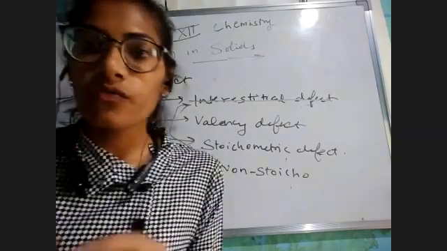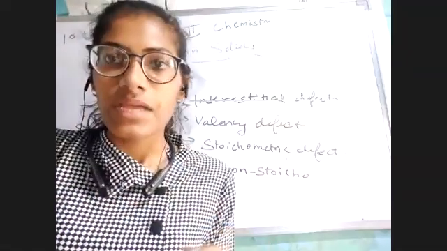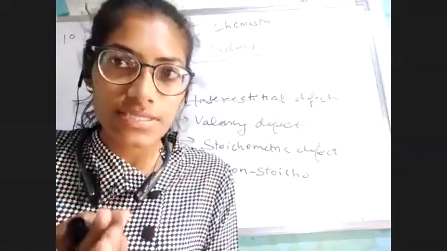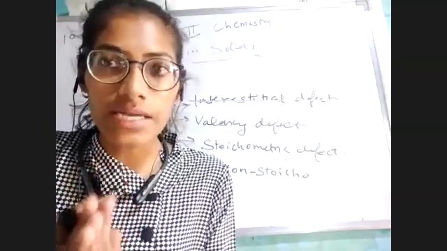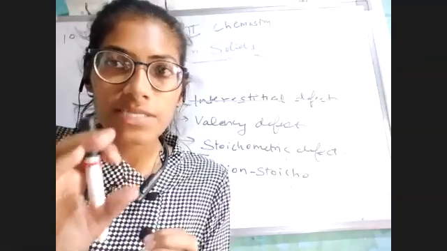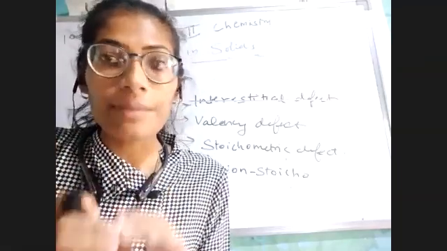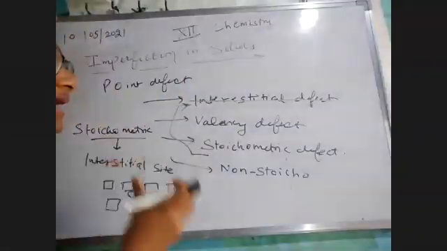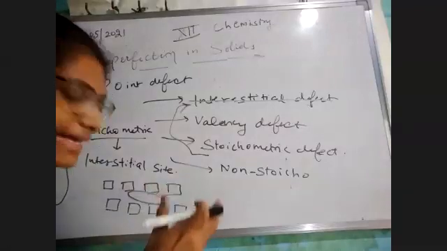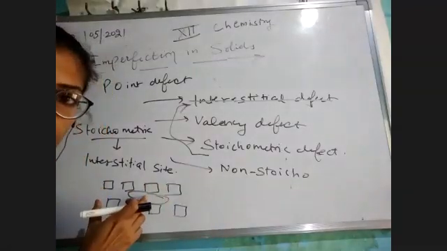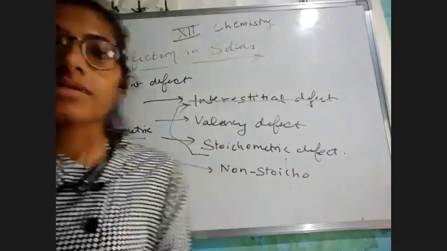It is kind of a cave. So basically, the interstitial site is that particular site in which atoms and ions are arranged, and the space present between them is known as the interstitial site. Now, the best point is our atoms or ions can easily locate over here. They can easily move to this interstitial site, and that's why we call it a stoichiometric defect.